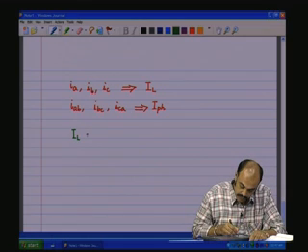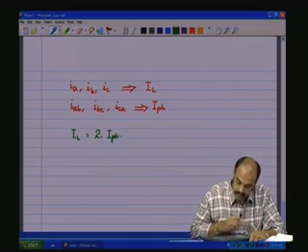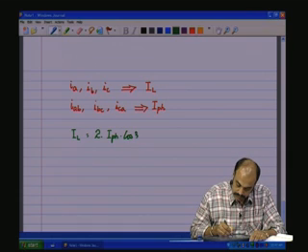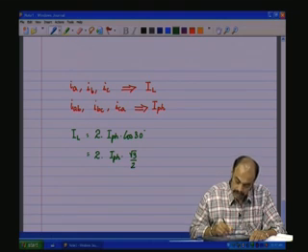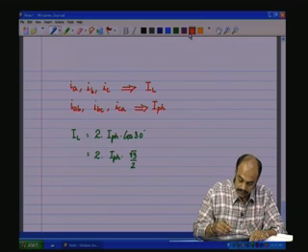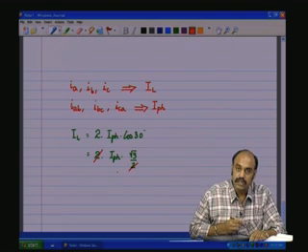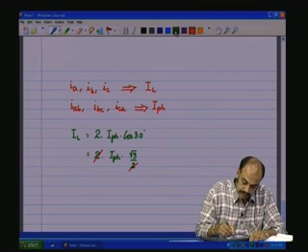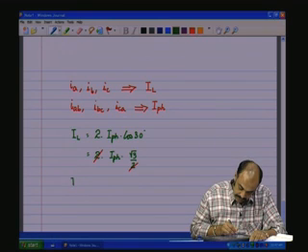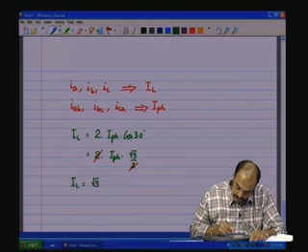I line will be 2 times I phase into cos of 30 degrees, which is 2 times I phase into root 3 by 2, because cos 30 is root 3 by 2, and out of which these two are going to get cancelled. So, we have the relationship IL is equal to root 3 I phase.